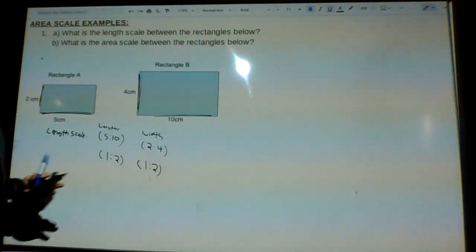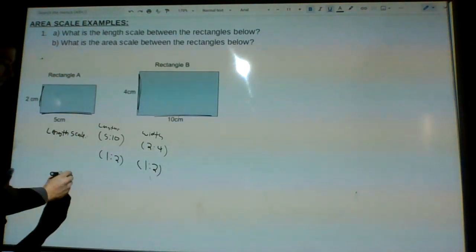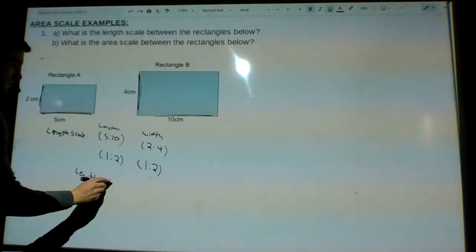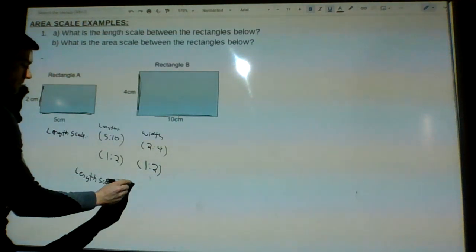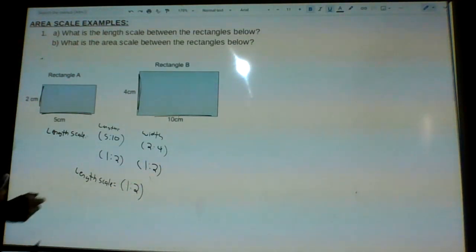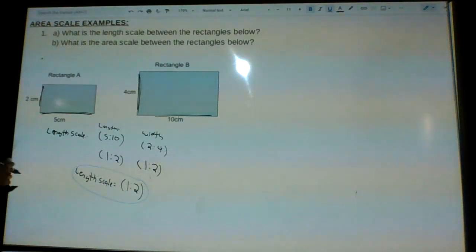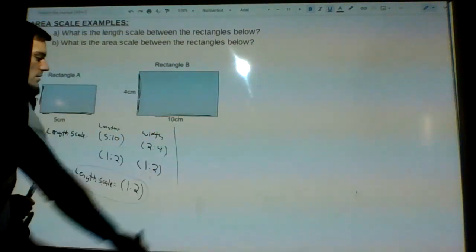So this confirms for me that the length scale between these two, it's a 1 to 2 ratio for the length scale. So that is question A. So for every 1 centimeter over on this side, I have 2 centimeters over on this rectangle. So we're done that question. We've figured out the length scale.